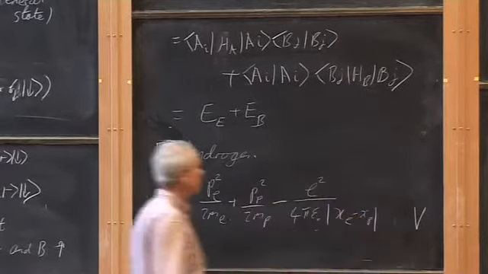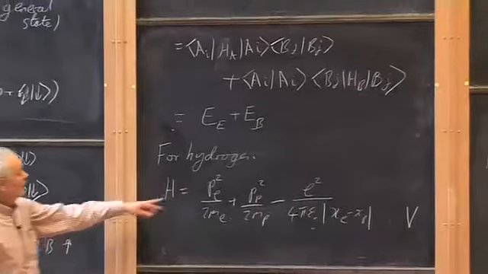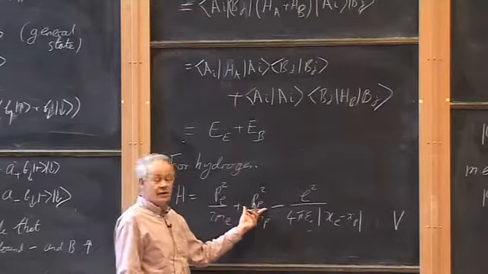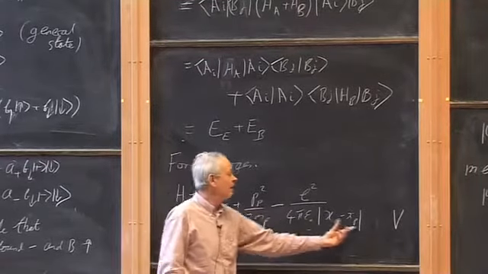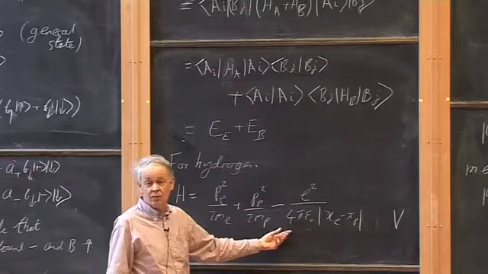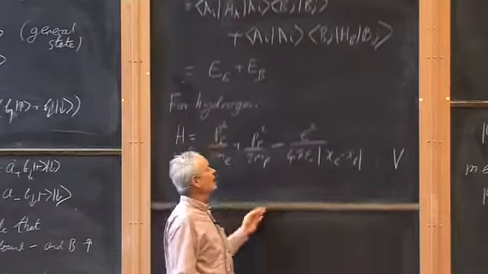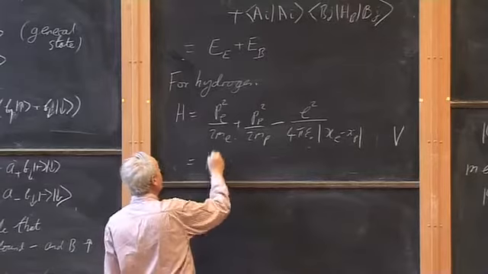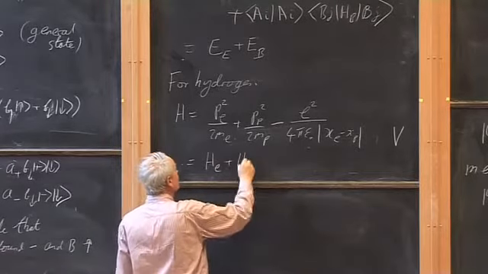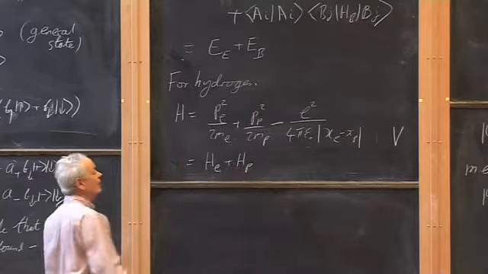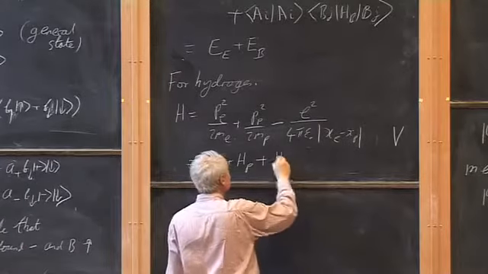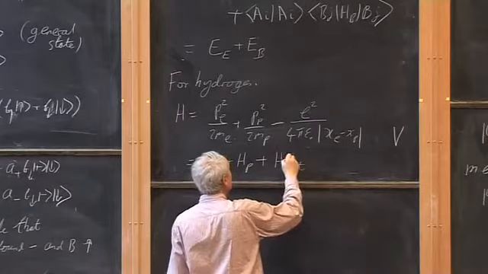All right, because the energy of the hydrogen atom is the sum of the kinetic energy of the electron and the kinetic energy of the proton and an interaction energy of the two. Right, because they electrostatically attract each other. So this is equal to H electron plus H proton, these being the Hamiltonians of the free electron and the free proton, plus an interaction Hamiltonian.